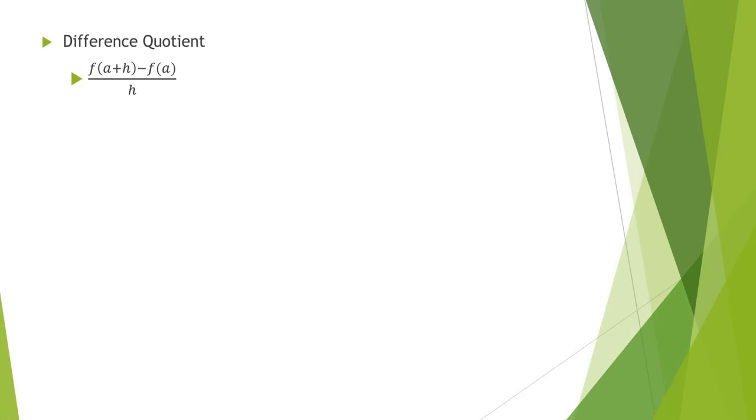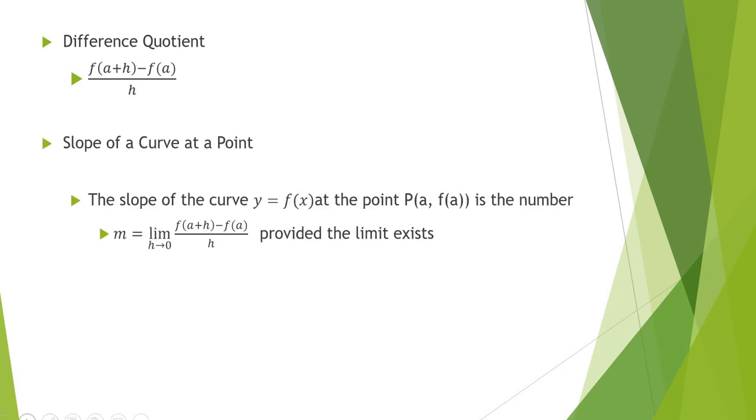Oh, I'm sorry, let's do a little bit more definitions. The difference quotient then is the difference between two separate points. Remember that difference quotient is the slope of a secant line or the average rate of change.